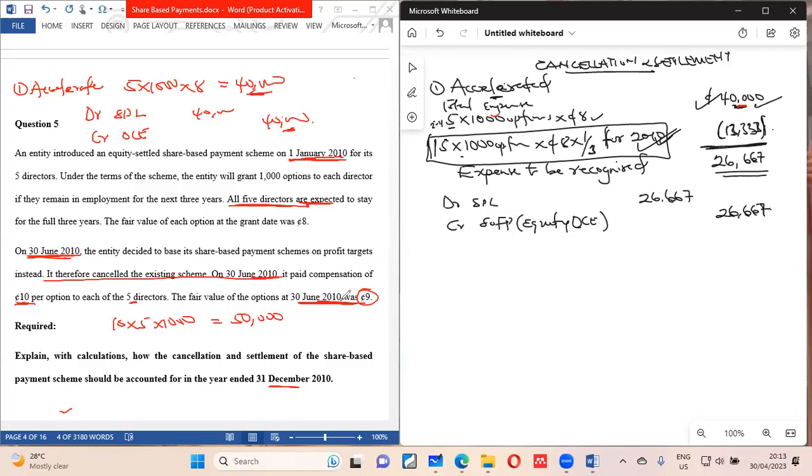P&L. This is the fair value at the settlement date, the same date. So the difference, which is 10 minus 9, you multiply by 1,000 by 5, which will give you 5,000. So this 5,000 should go to the P&L.